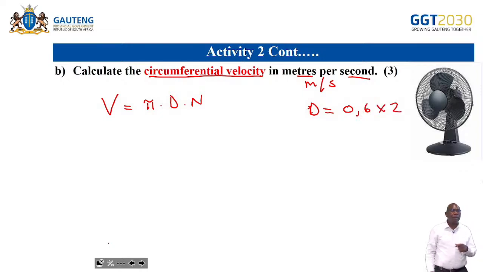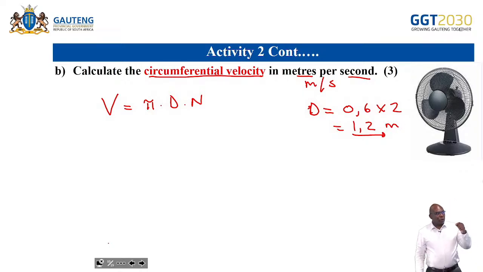So I must multiply my radius by 2 for me to get the diameter. So my diameter there will be 1.2. So I'll have my diameter as 1.2 meters. You see, the trick there was they've given you the radius, now they request you to get the diameter.